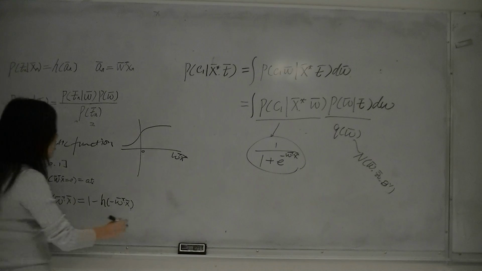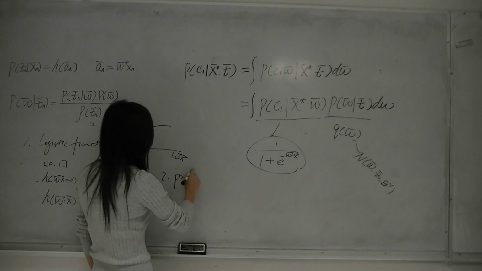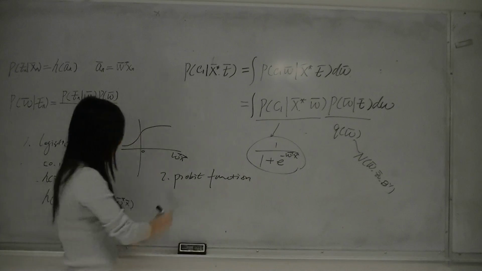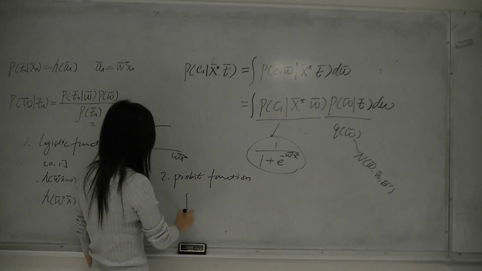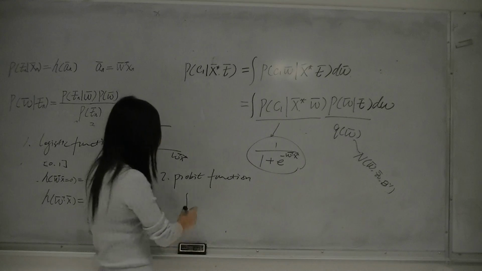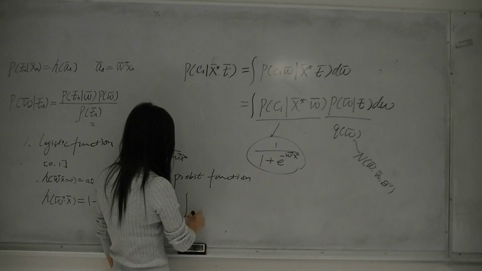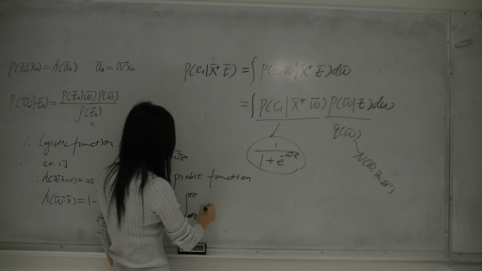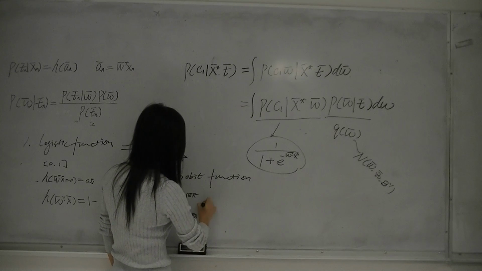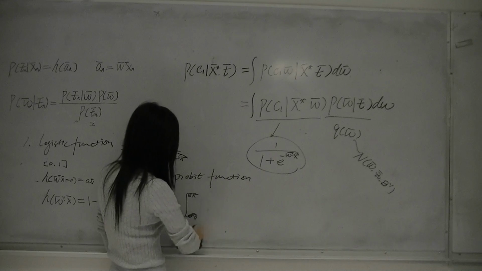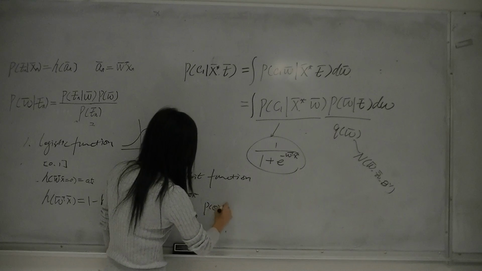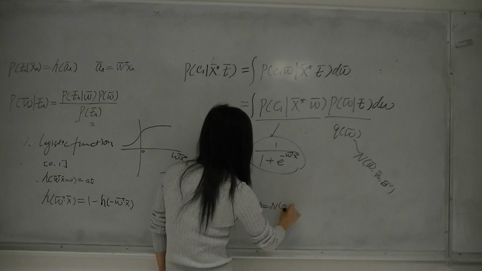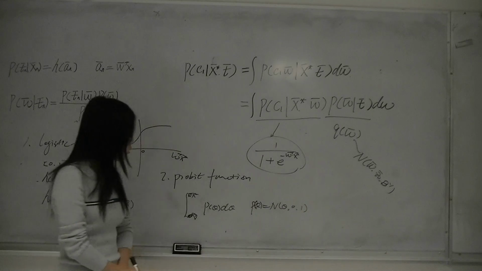We know that the probit function is the cumulative distribution function of the standard Gaussian normal distribution, with zero mean and variance equal to 1.